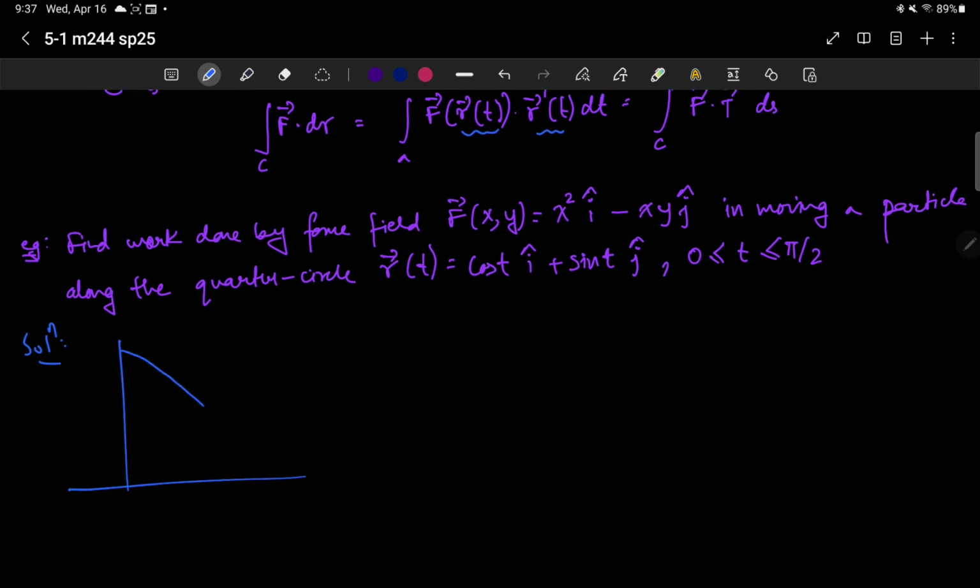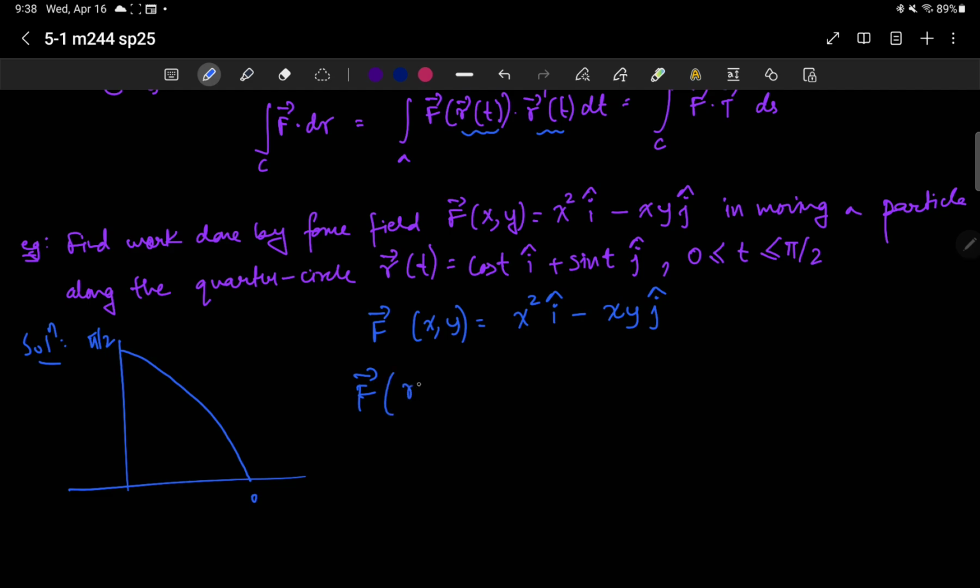So we have a quarter circle, 0 to pi over 2, and the parametric forms are given to us. We have F(x, y) is x squared i cap minus xy j cap. Just as before, we have to rewrite this in terms of the parameter.